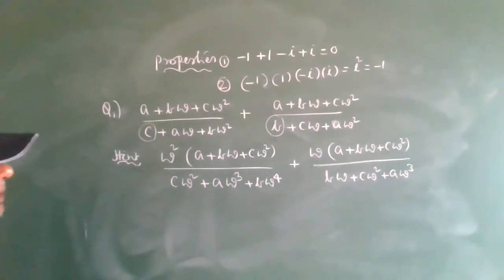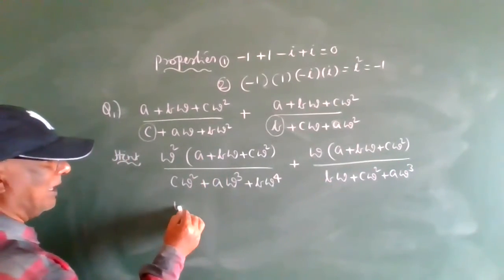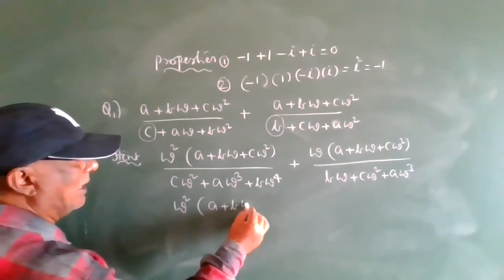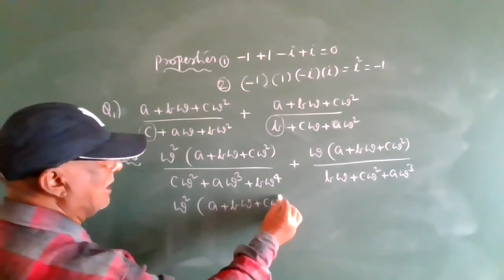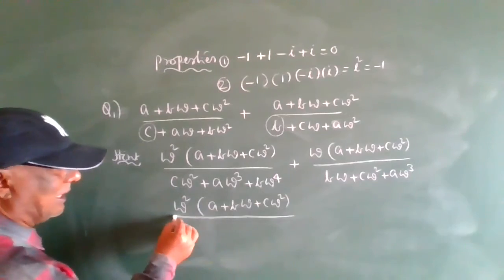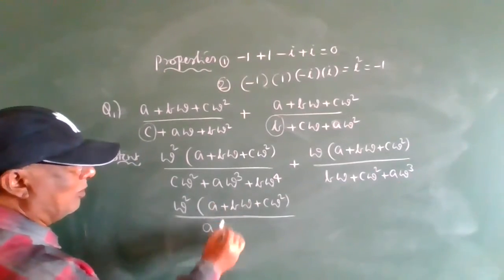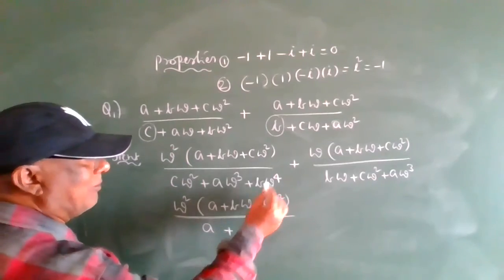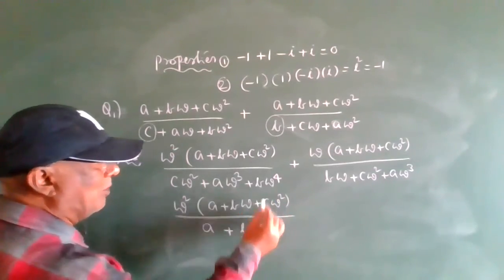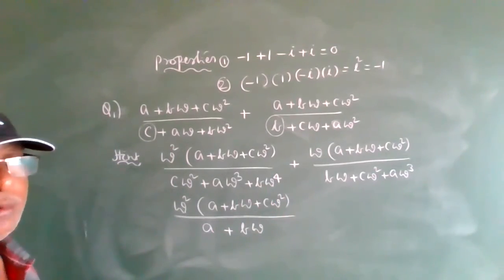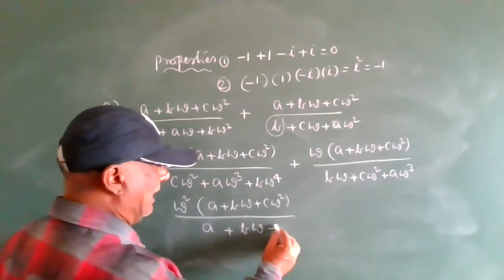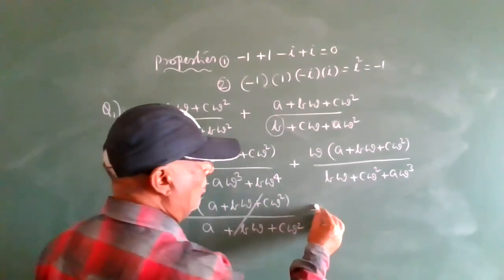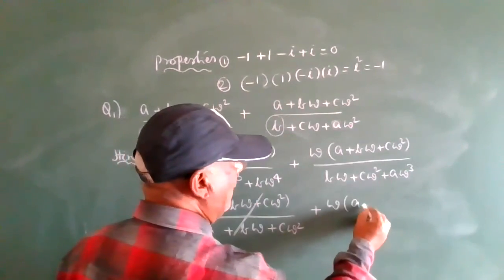Now omega square into a plus b omega plus c omega square by the denominator. Omega cube value is 1, and omega power 4 is omega cube into omega, giving omega. Plus c omega square. These two are cancelled. Omega, a plus b.